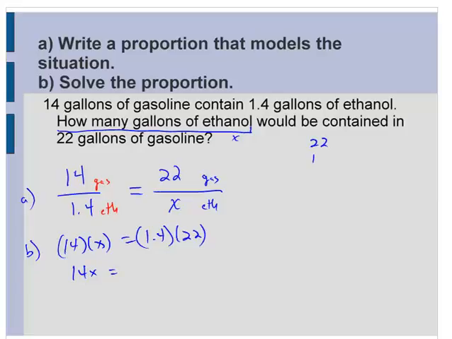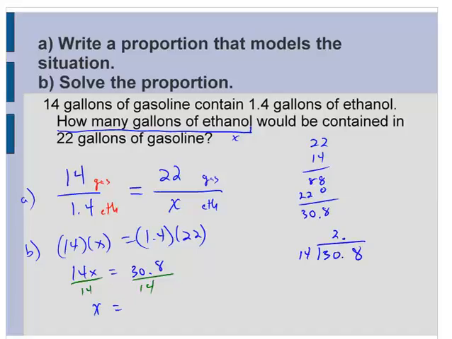Let's see, 22 by 1.4 is 30.8. Dividing through by 14, 14 into 30.8 is 2.2. So 2.2 gallons of ethanol would be contained in 22 gallons of gasoline.